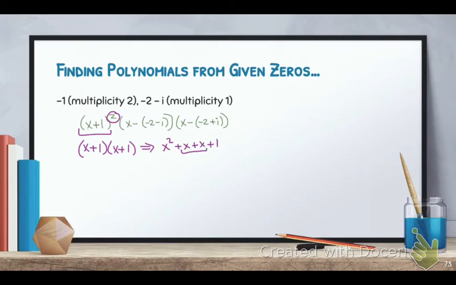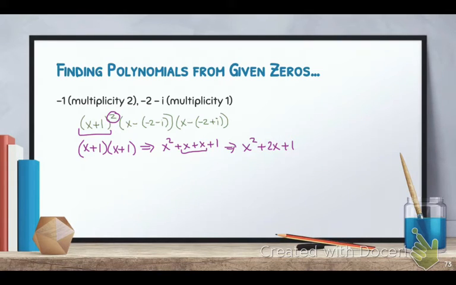So these two actually can come together, and that would give us x squared plus 2x plus 1. So let's say if it was to the multiplicity of 3, right? Then you would have 3 of those x plus 1s, and then you would have to distribute all 3 of them. Or if it was to the multiplicity of 4, then you would have 4 of them, and so on and so forth, okay?